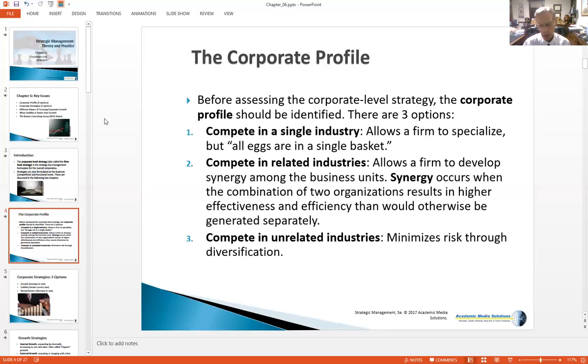So 3M operates corporate level laboratories that support the individual businesses. And finally, the first one, competing in a single industry, is what tends to produce the best results.